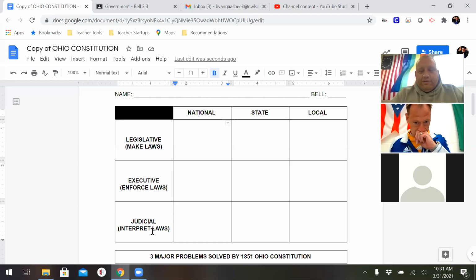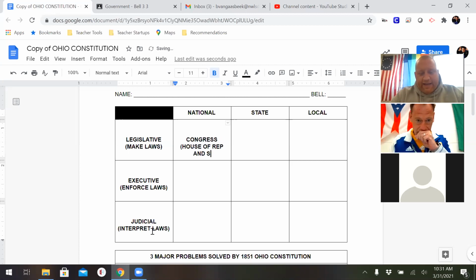Federal government. Okay, a specific branch of the federal government. In this case, it is Congress. Congress is split into 2 groups, the House of Representatives and the Senate. These are the ones that make the laws.